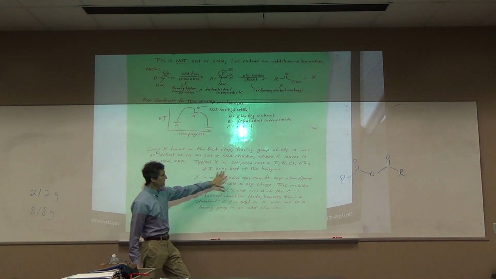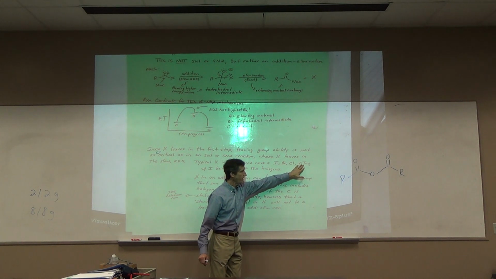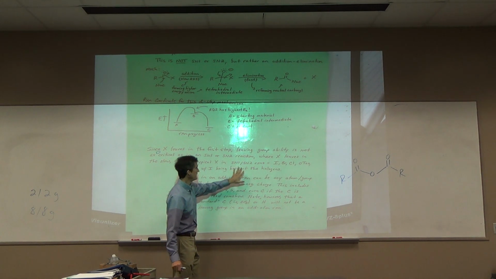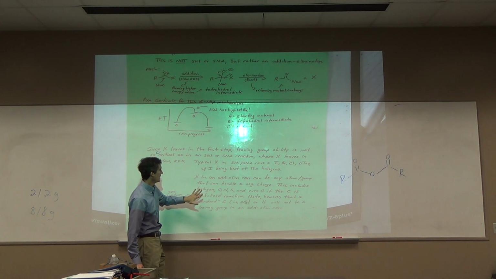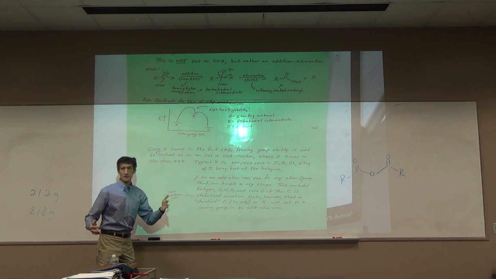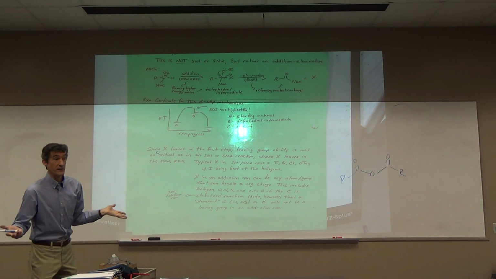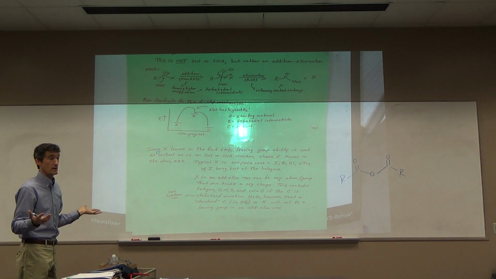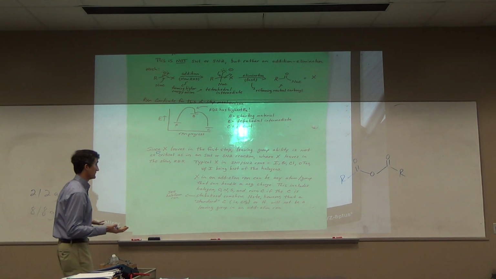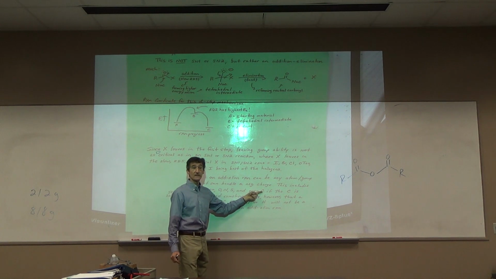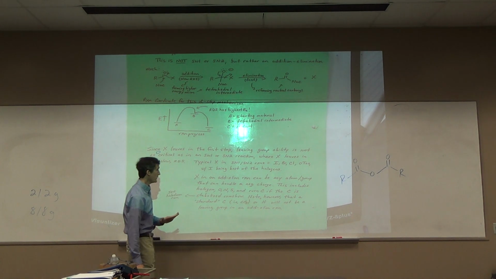In SN1, SN2, leaving groups are these halogens, tosylate, okay, iodine being best. In this mechanism, NAS, the leaving group can be a variety of things: oxygens, nitrogens, sometimes even carbon. Even carbon can be a leaving group if it leaves in the fast step. Now, it's not going to be a plain carbon.